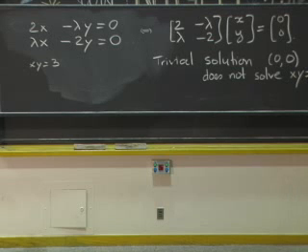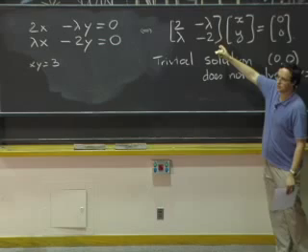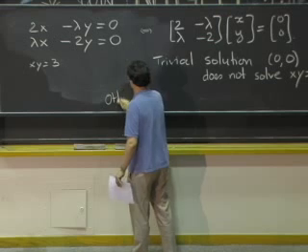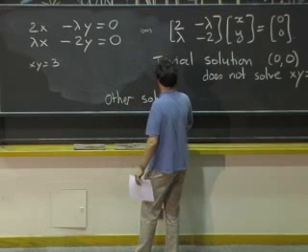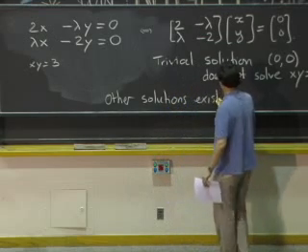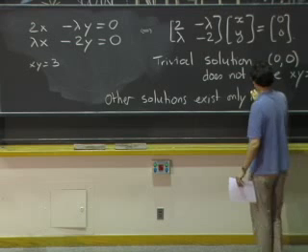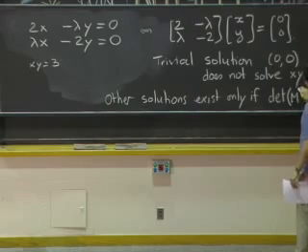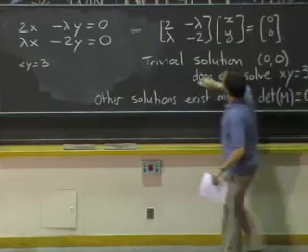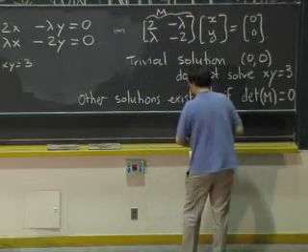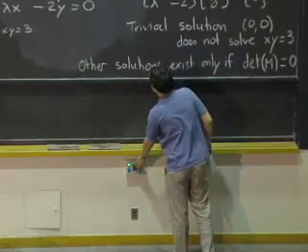When do we have another solution? Well, when the determinant of the matrix is 0. So other solutions exist only if the determinant of the matrix M is 0. Let's compute the determinant.